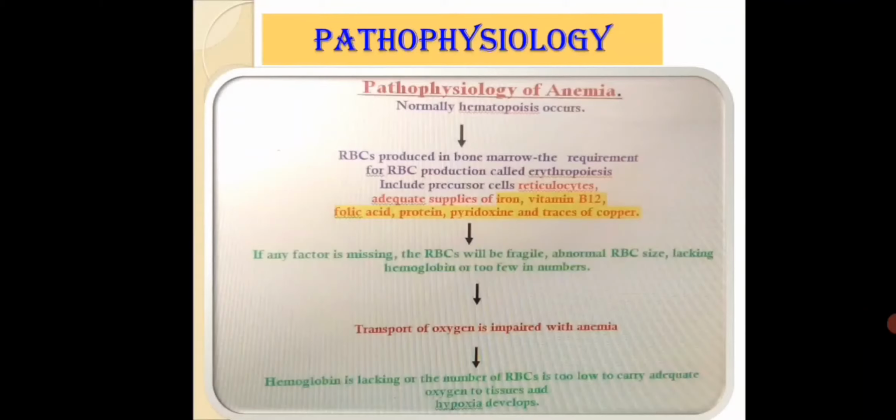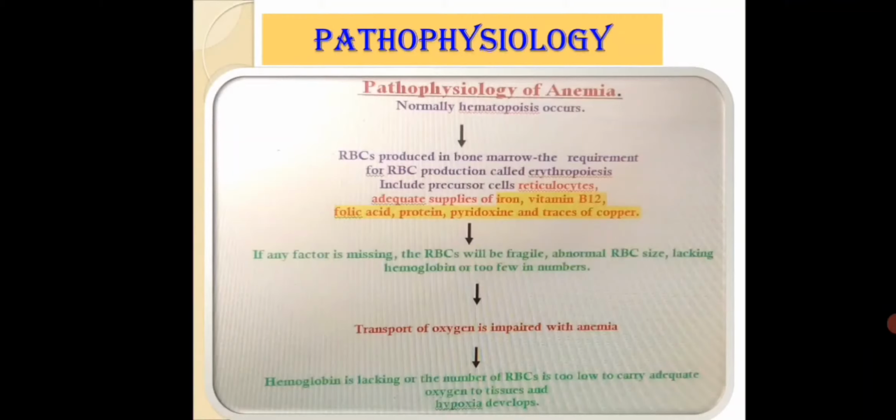What happens if some factor is missing, like reticulocytes are not there, or vitamin B12 is not there, or iron deficiency is there? If any factor is missing, the RBC will be fragile, with abnormal shape and abnormal size, and hemoglobin will be too low. So there is less production of hemoglobin.